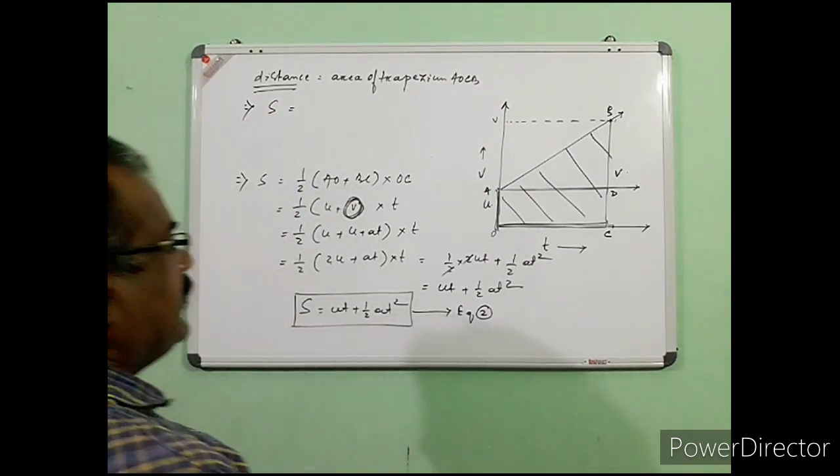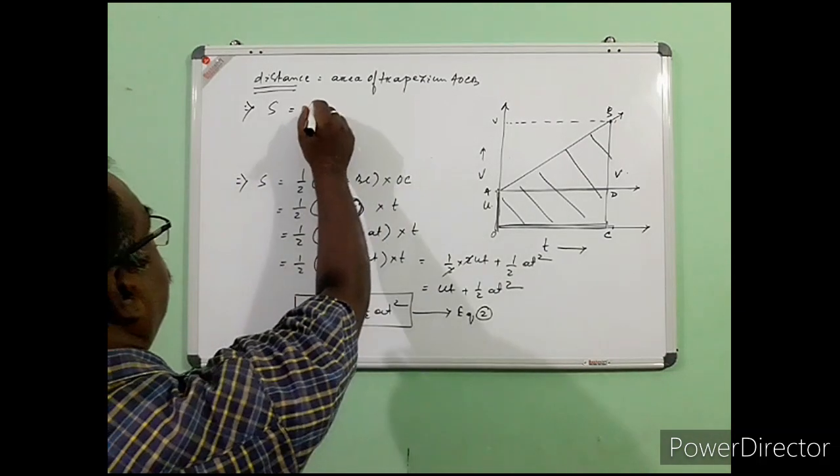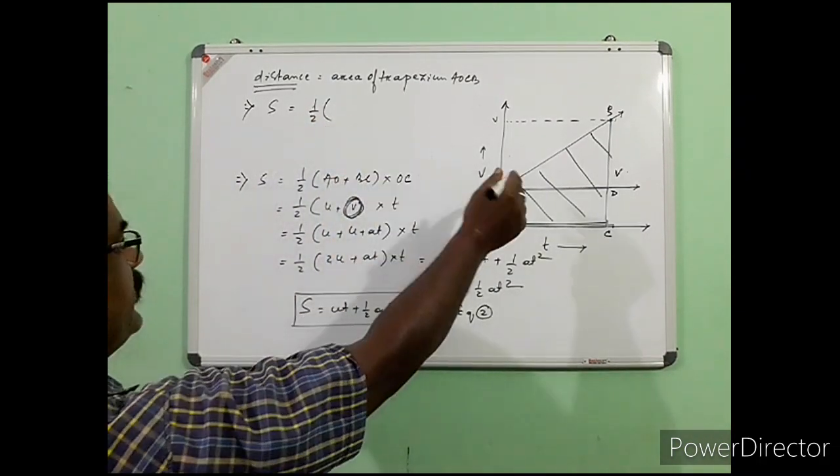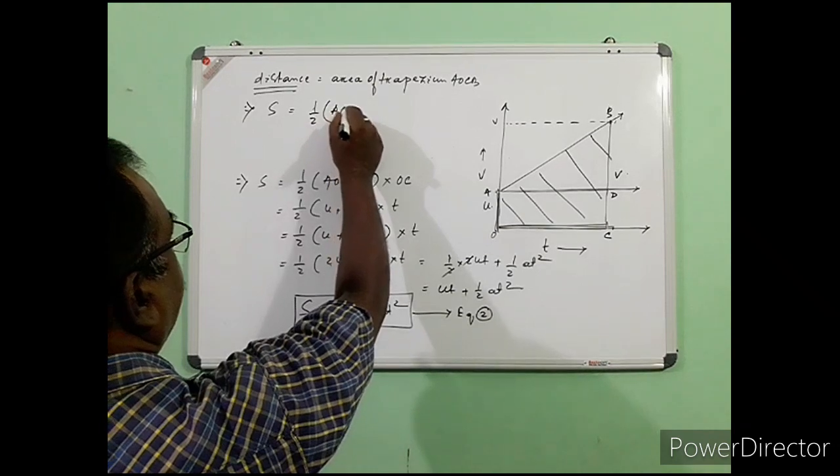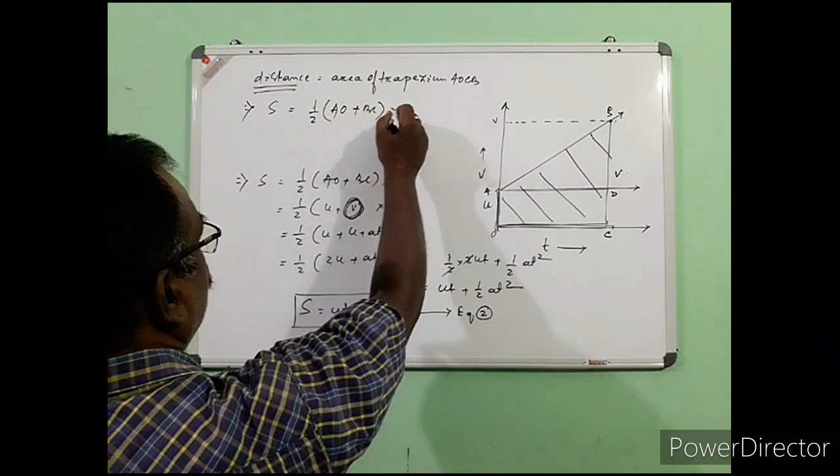So the area of the trapezium is half the sum of the parallel sides, in a similar manner, (AO plus BC) into OC.